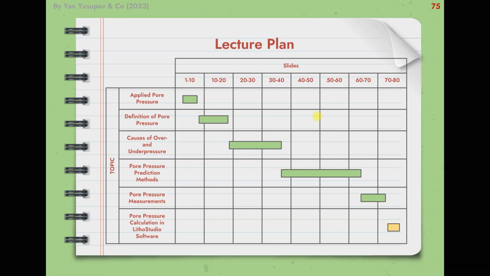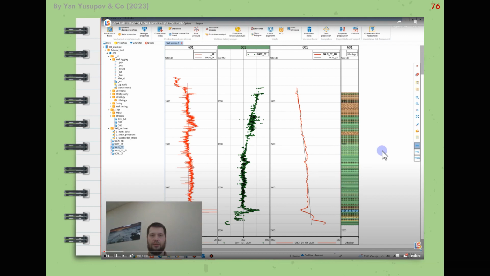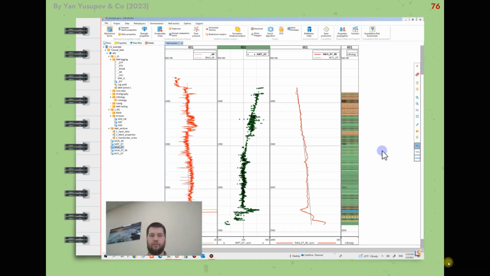Okay, now we will discuss pore pressure calculation in LithoStudio software. To continue the calculation of pore pressure, please open the pore pressure master from the Geomechanics tab.